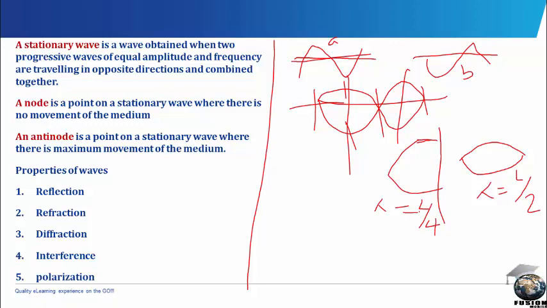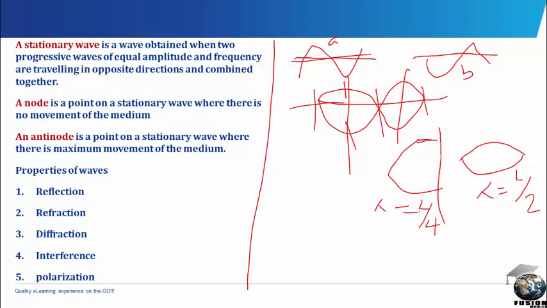Interference. This is the property of a wave obtained when two waves moving in the same direction are meant to superpose at a point. It can be constructive and it can be destructive, depending on whether this interference is in phase or completely out of phase.